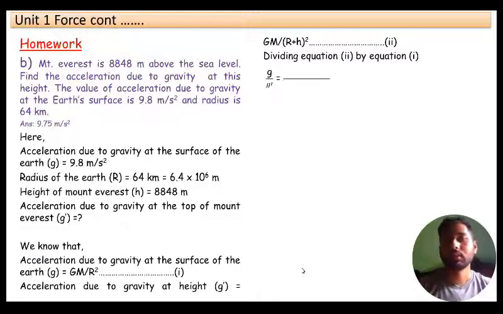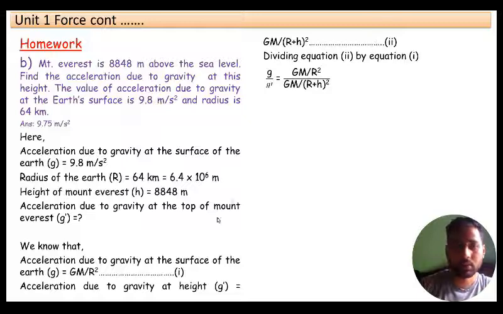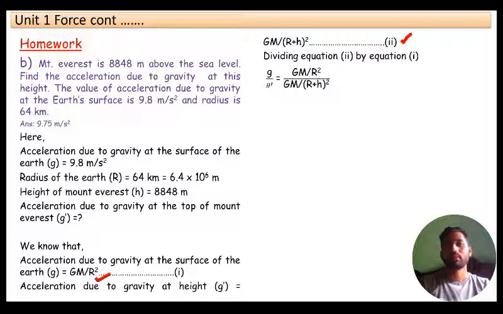Dividing equation second by equation first. g by g prime is equal to capital G capital M by R square divided by capital G capital M by R plus H whole square.